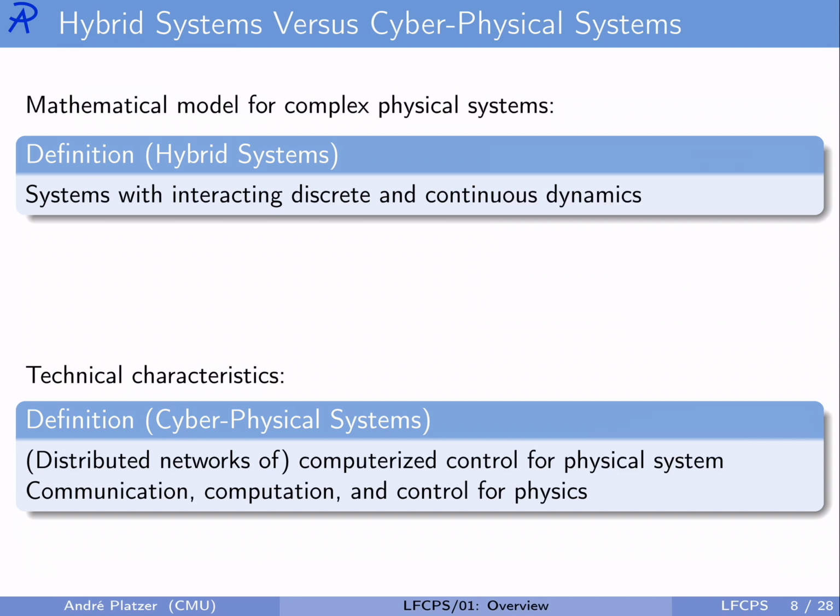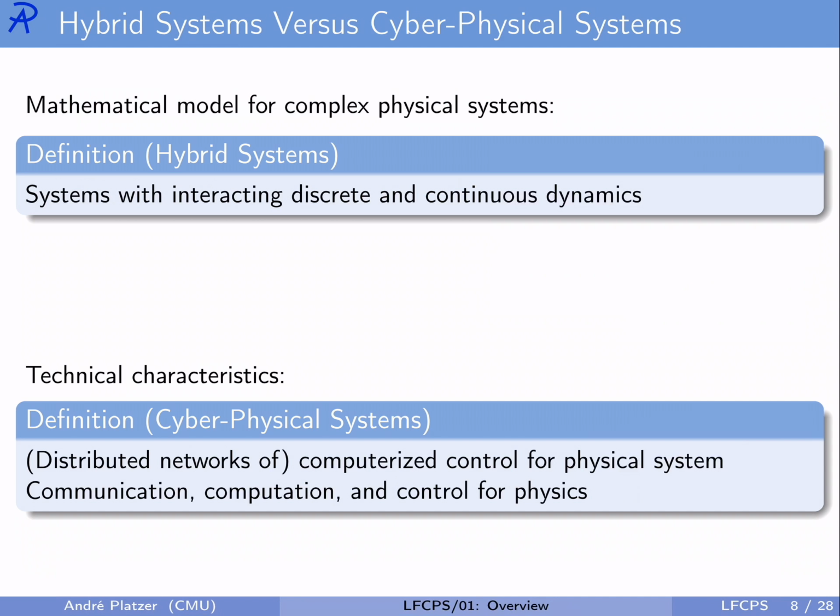Now, let me also quickly distinguish and then identify two related but different notions. The one is that of the hybrid system, and the other is that of the cyberphysical system. So both are very related but also different. A hybrid system is a mathematical model for a complex physical system that comes with ways of interacting discrete dynamics and continuous dynamics.